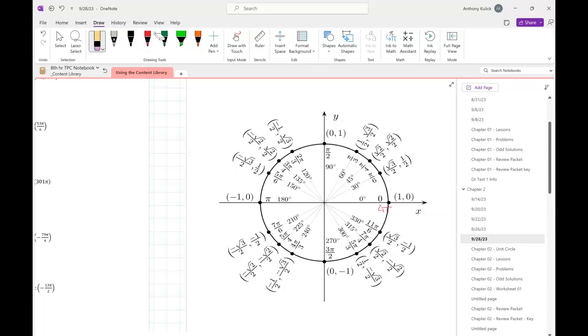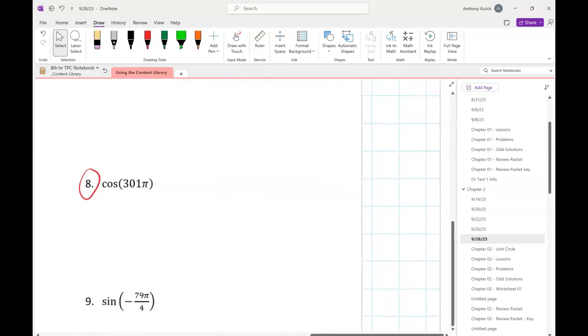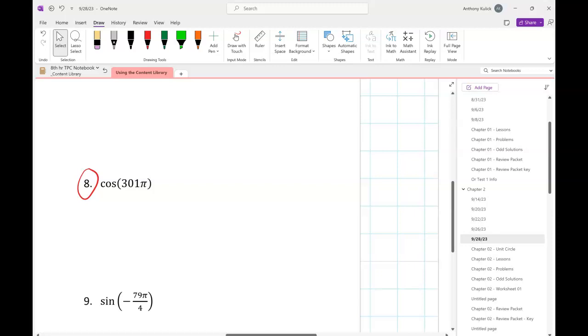Okay. So what do we do if the angle's not on the unit circle? We look to see if it's coterminal to something on the unit circle. So notice our angle here is in radians. Since it's in radians, to find something coterminal, I need to be adding or subtracting 2 pi.